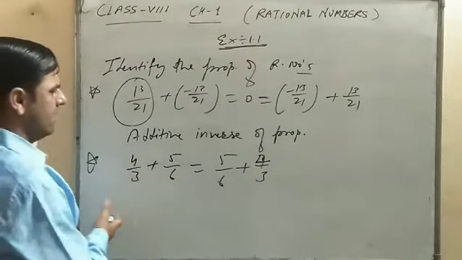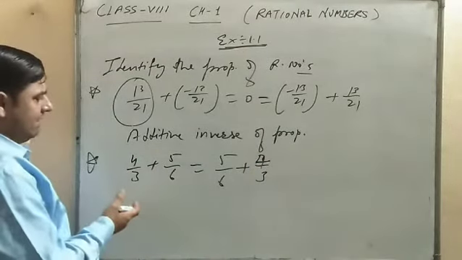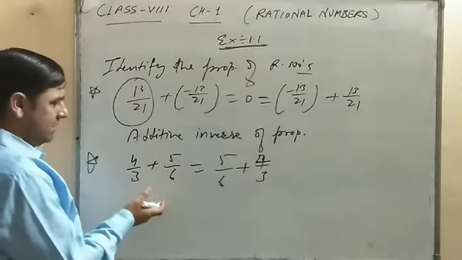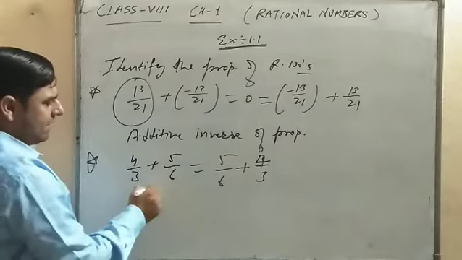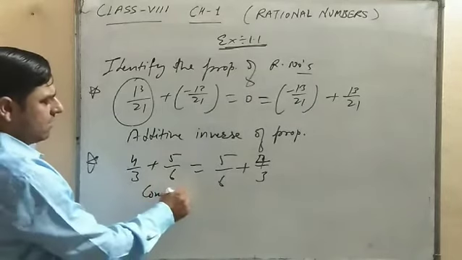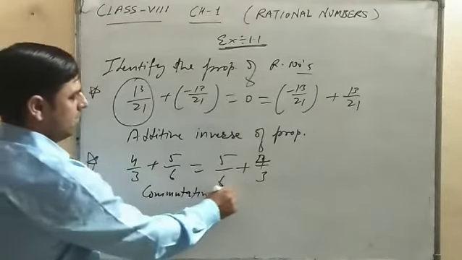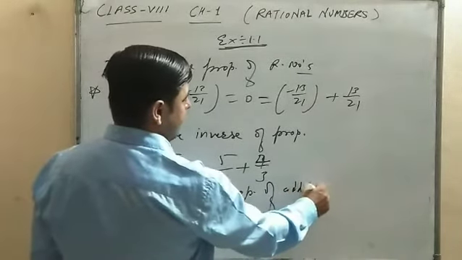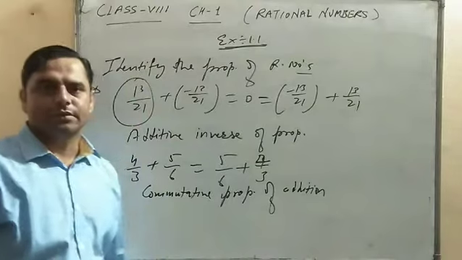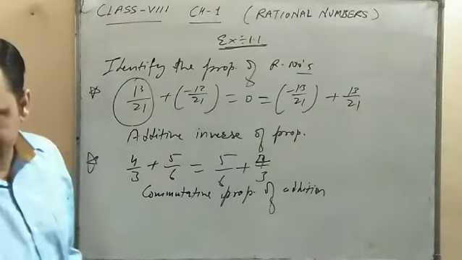So you can easily decide what type of property it is. a plus b is equal to b plus a. It is known as the commutative property of addition.